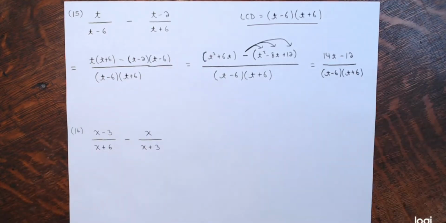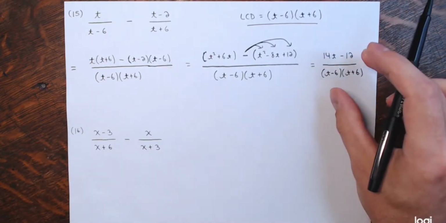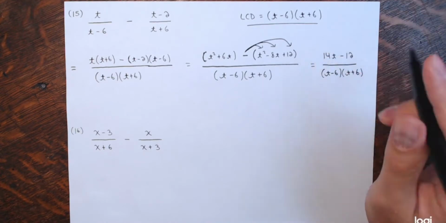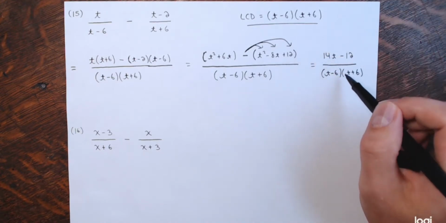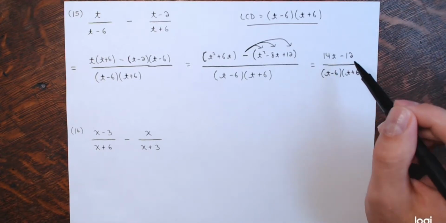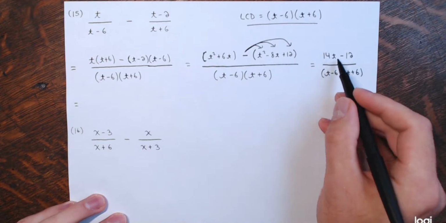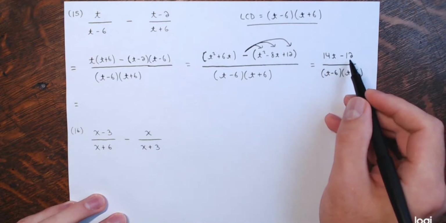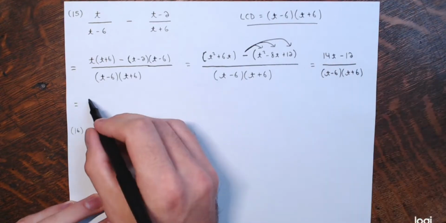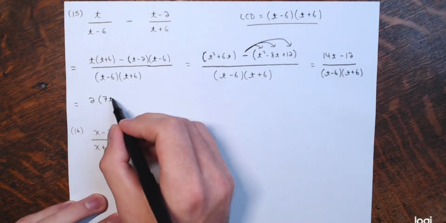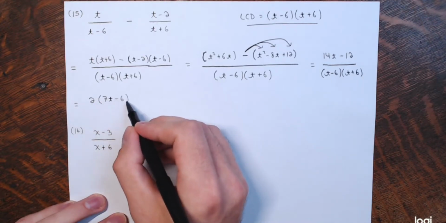All right. So now I have a single fraction, right? Single fraction, the numerator is simplified. Now I need to simplify the fraction. Try factoring the numerator, factoring the denominator. Now the numerator, there's a common factor of 2. So I'll pull 2 out, and we have times, 7t minus 6.